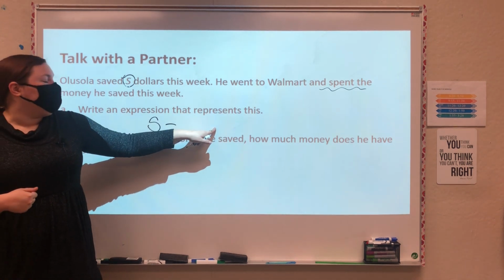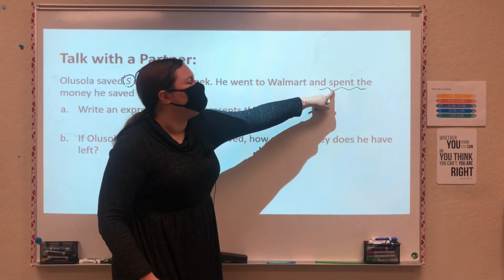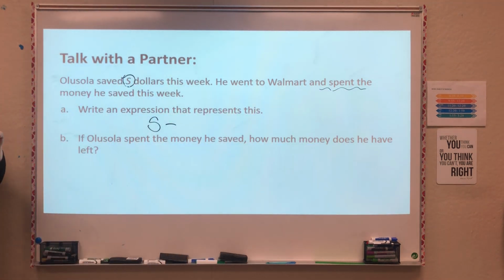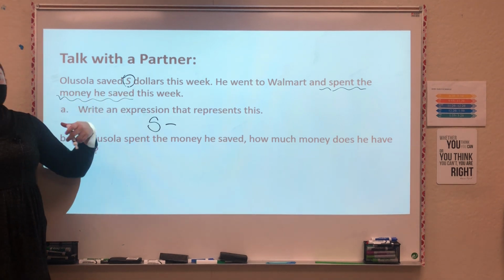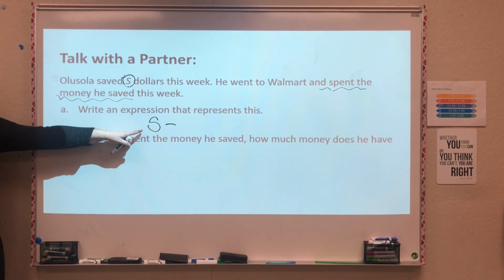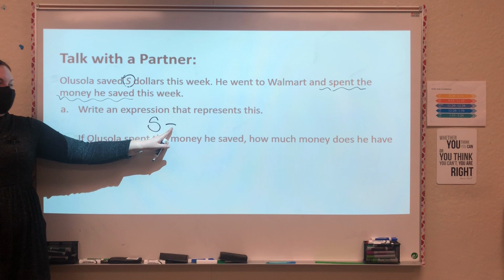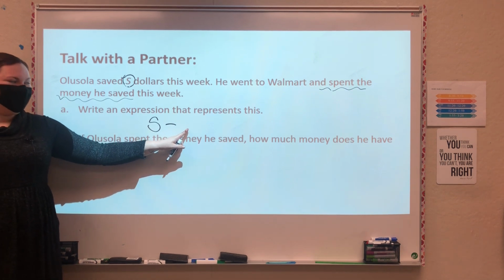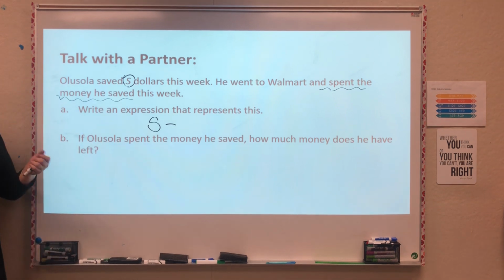He's spending money. What did he spend? He spent the money he saved. So S is the money he saved, and he spent, I put S for spend. S or M, which one do we want to use? If we put different letters, that means they're different amounts.